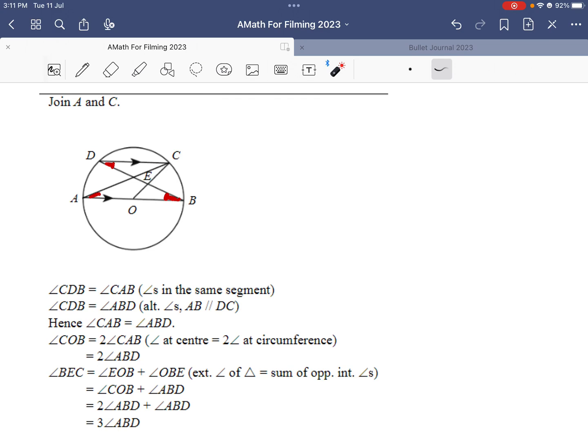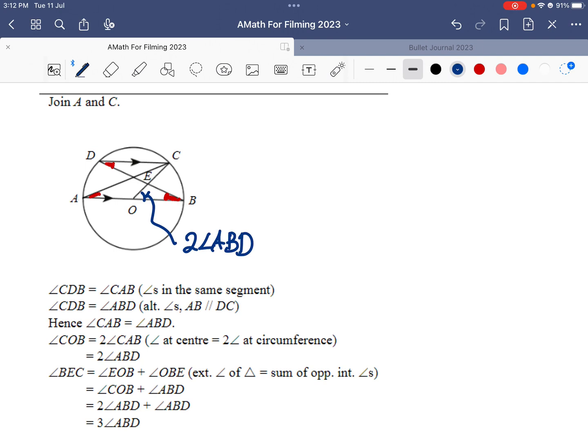Let me label that: angle COB is equal to 2 times angle ABD itself.